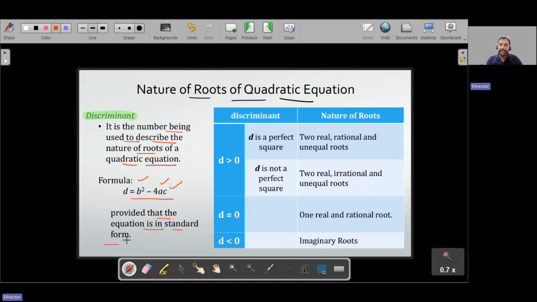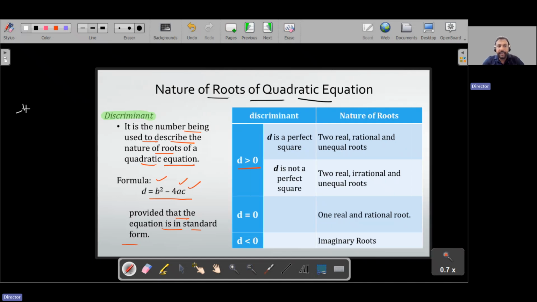Now, let us talk about the nature of roots if D is greater than 0. If I have roots minus b plus minus root of D upon 2a, and D is greater than 0, that means the value that comes under the root is greater than 0.